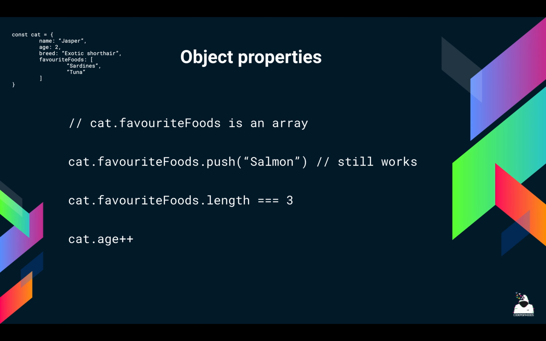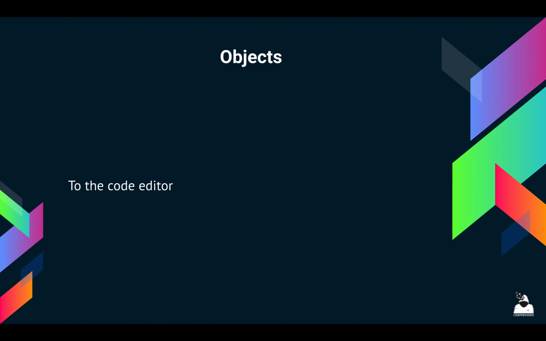Cat.age, similarly, that's a number, so we can call ++ on the number and it's going to add 1 to the number. So age is now going to be 3, favorite foods is now going to be sardines, tuna and salmon. We can access properties on the object as if they are variables that are stored in any other way.